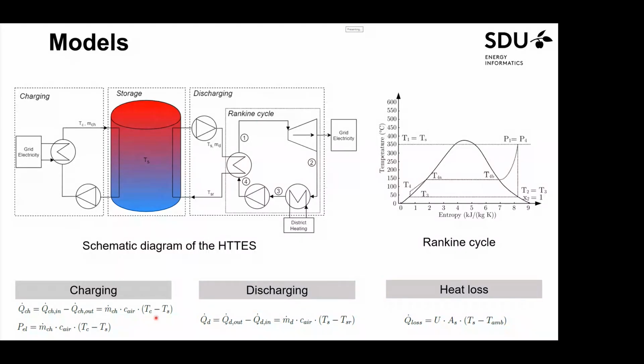Here there are some heat transfer equations and the energy balance, which show the basic associated models. On the right side, you can see the Rankine cycle, which represents the different temperatures at different locations.